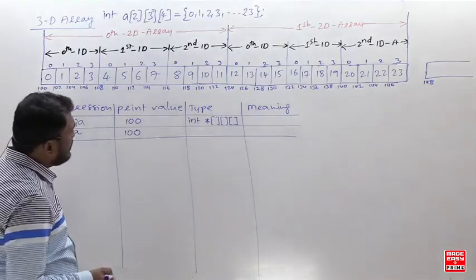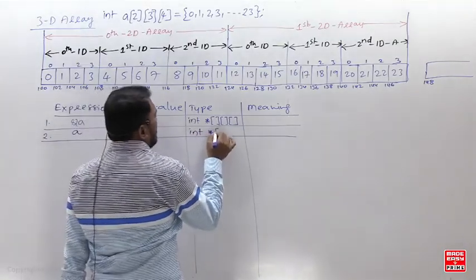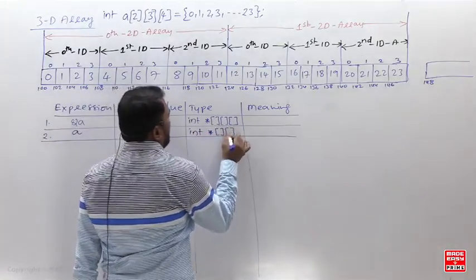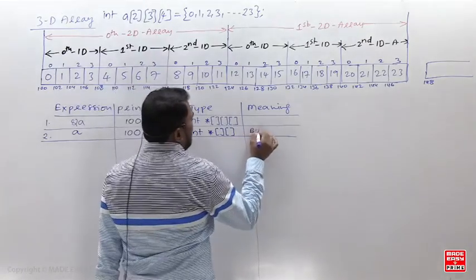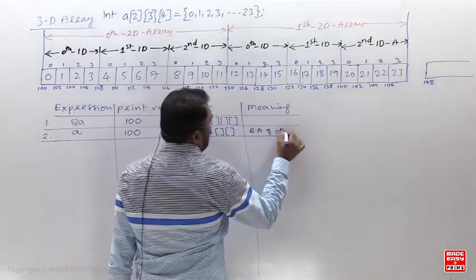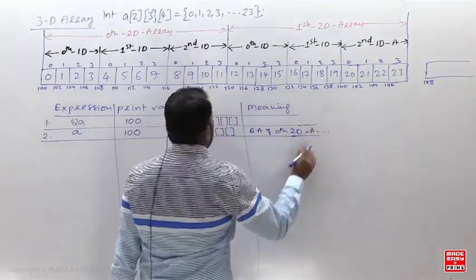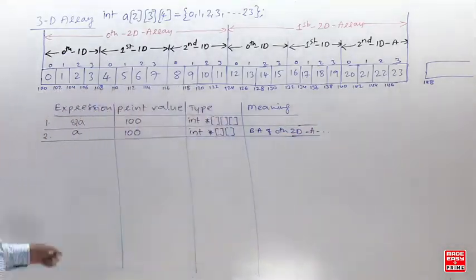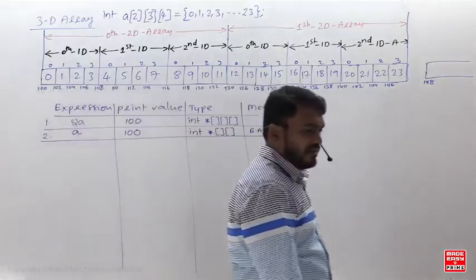Because it points to a 2-dimensional array, the type should be int star double braces. The meaning is: base address of the 0th 2D array.